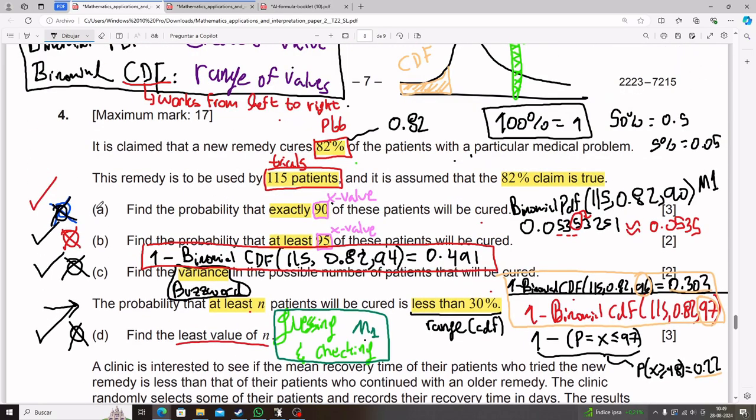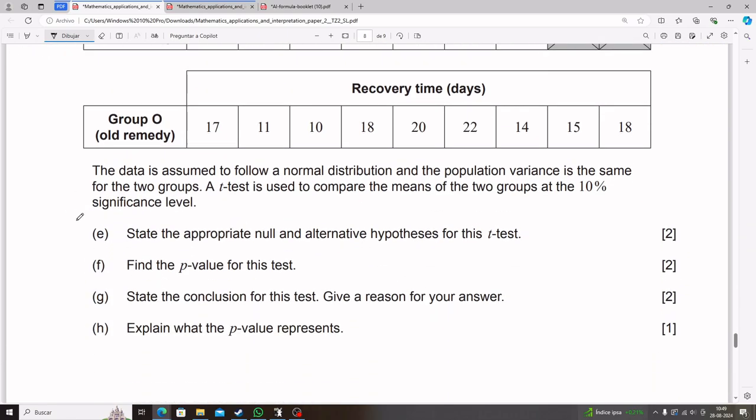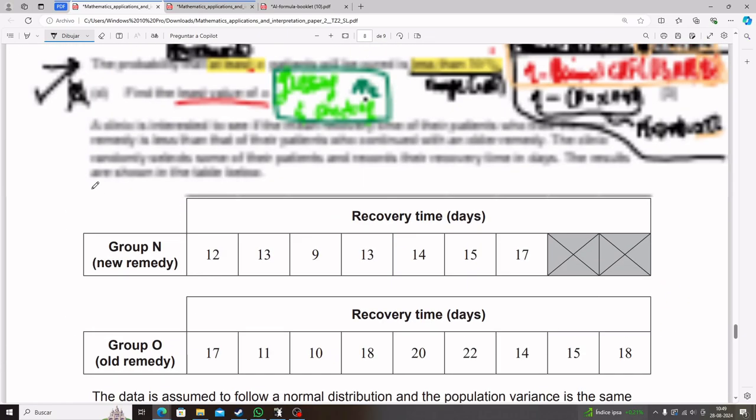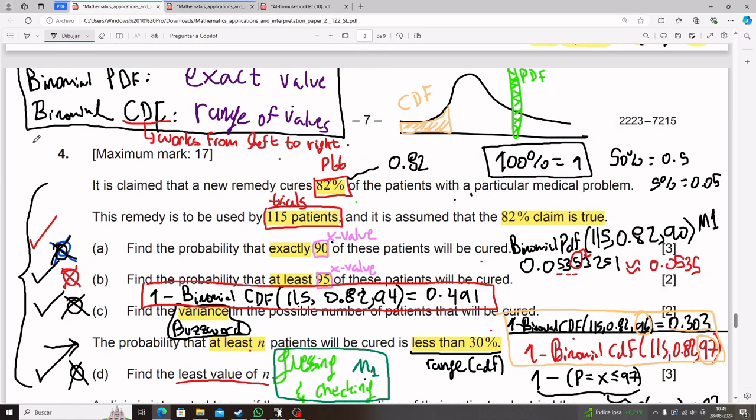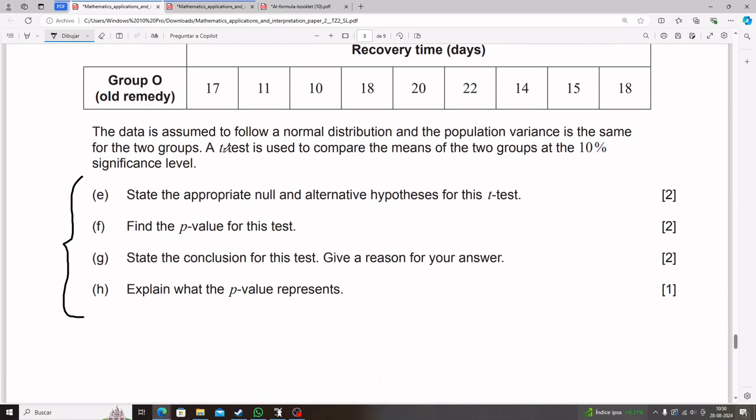In paper 2, the cool thing about it, if anything, is that usually you have 2 problems melded into one. So all of this is its own exercise, and all of that is its own exercise. So all of this up here was for binomial distribution, and all of this down here clearly has to be for a t-test.